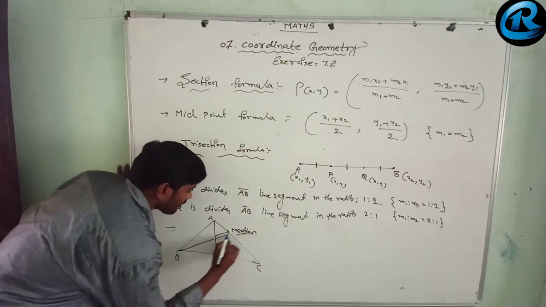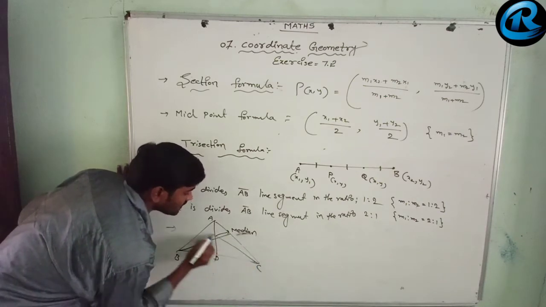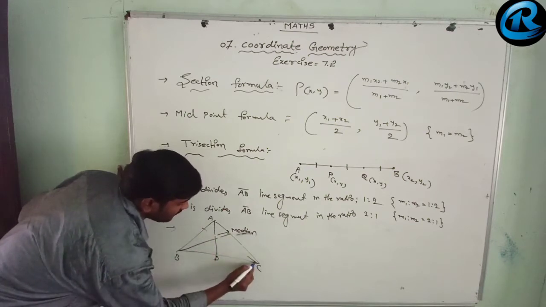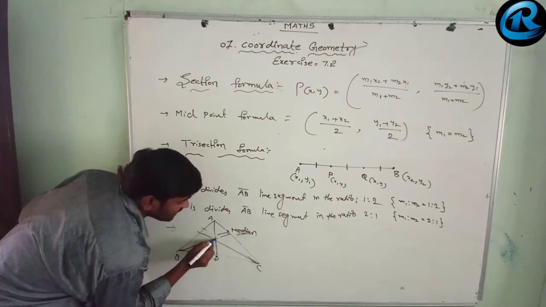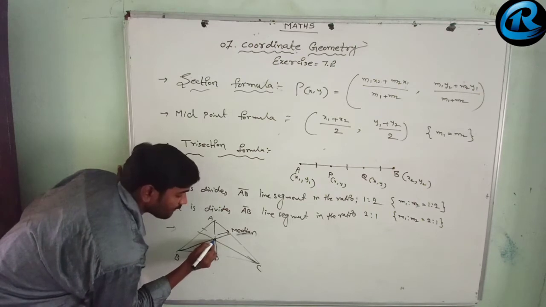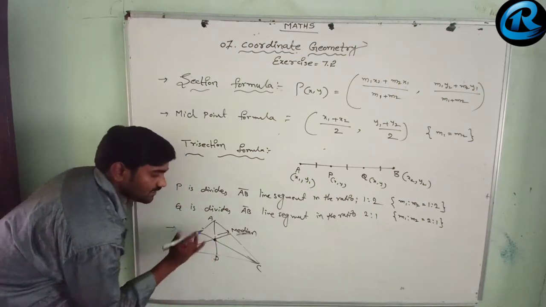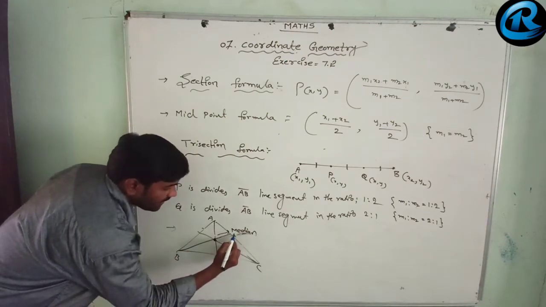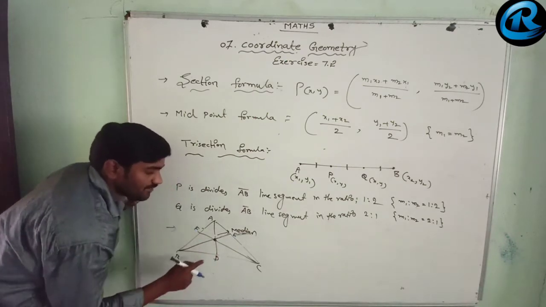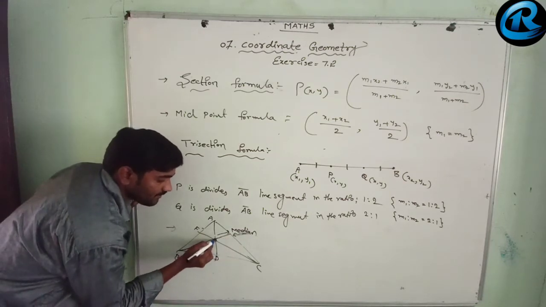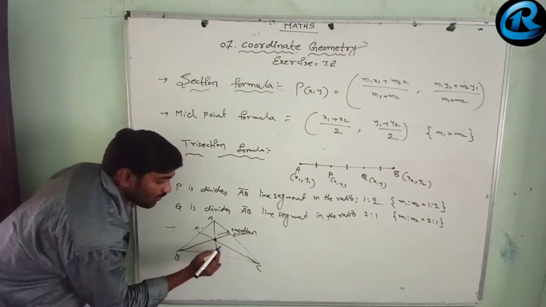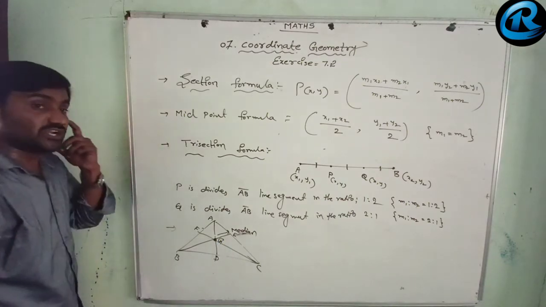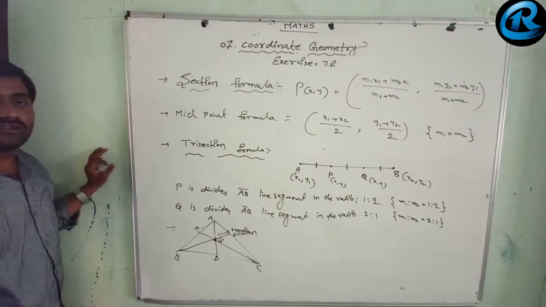The three medians of a triangle, see, AD, BE, CF, are intersecting each other in the interior of the triangle at a point here. This point is denoted by G. G is nothing but the centroid of the triangle.